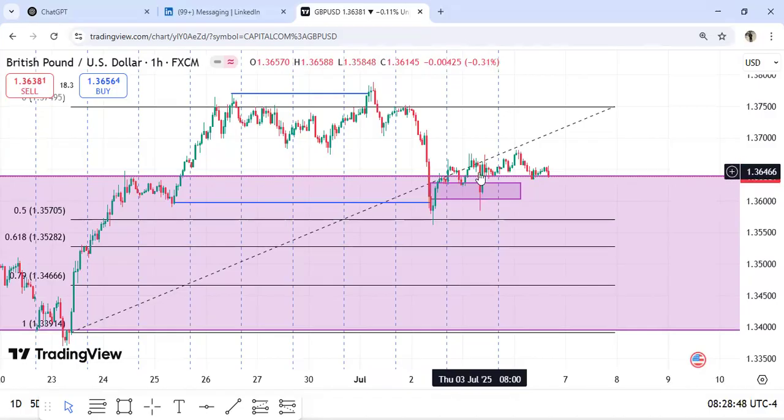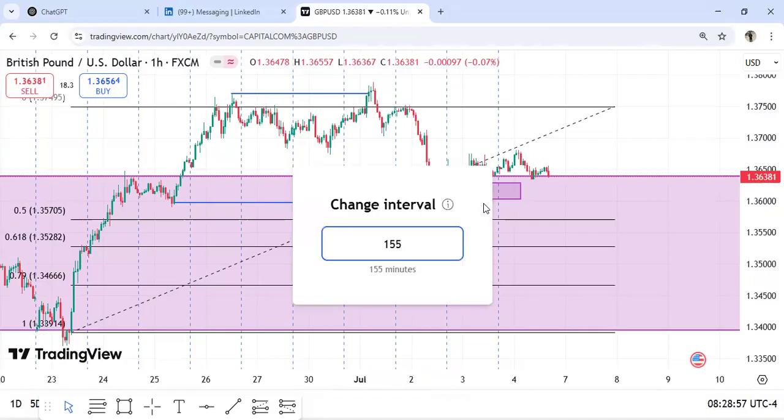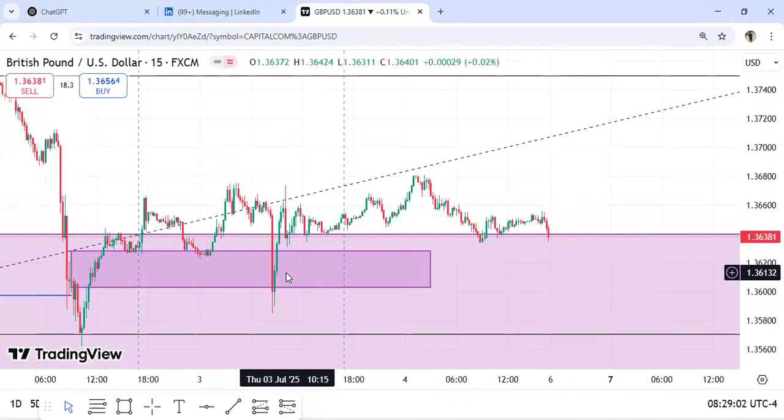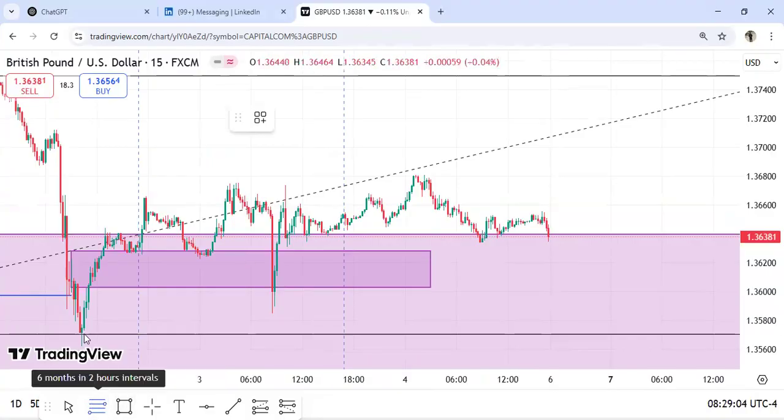I was also anticipating based on Fibonacci. I was not expecting a test in this area. But if you break down to the 15 minutes time frame, you notice that this level here is a 79% retracement level.